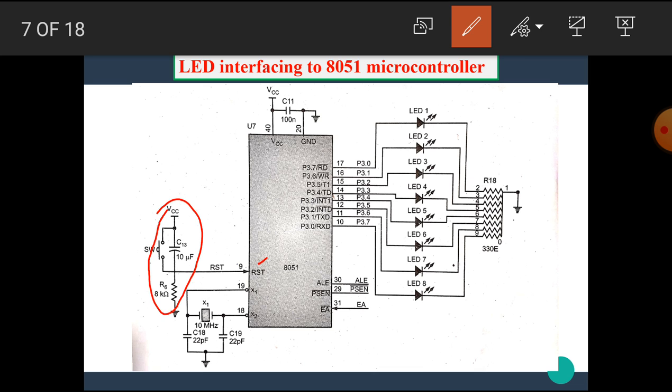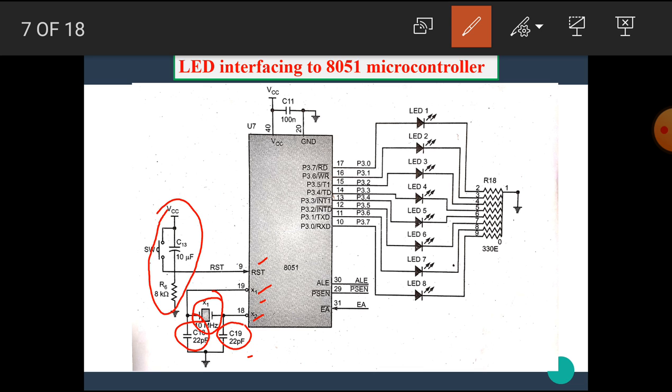We all know that pin number 19 and pin number 18 are connected with the external quartz crystal. It generates the clock circuitry, and these pins are grounded through two capacitors, each having a value of 22 picofarad, or in some cases the value of the capacitor is 33 picofarad. I hope you all understand.